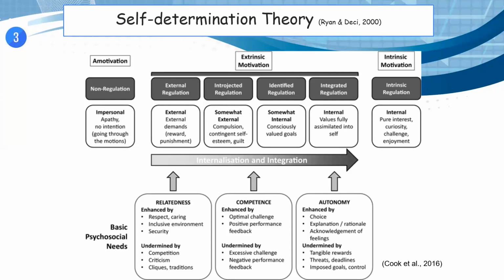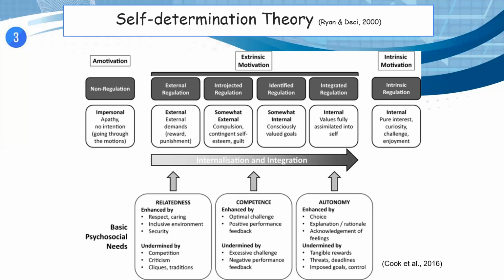Self-determination theory describes three types of motivation: amotivation, extrinsic motivation, and intrinsic motivation. It details 6 types of regulation, 6 types of behavior that regulates motivation. On the left, we have non-regulation.